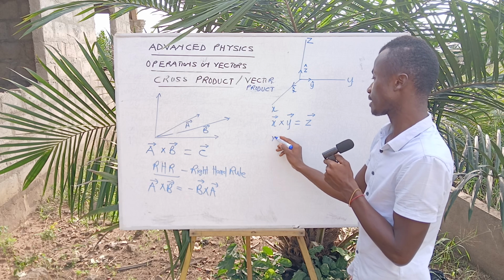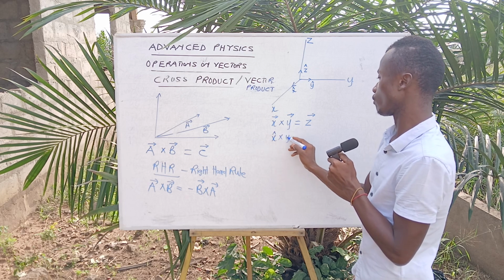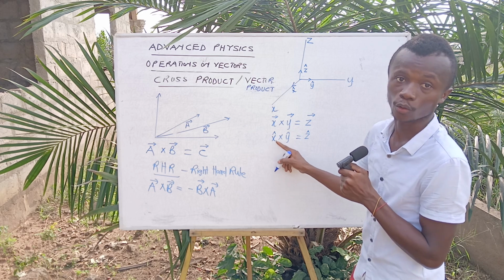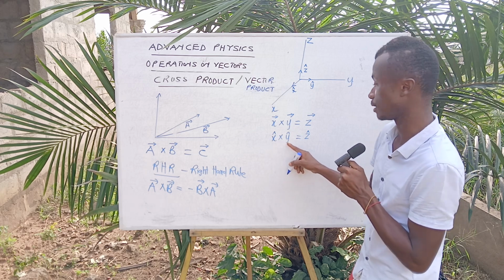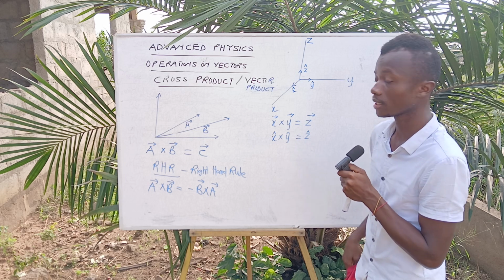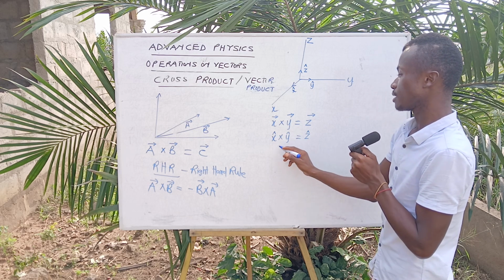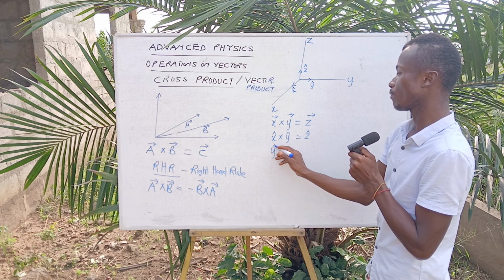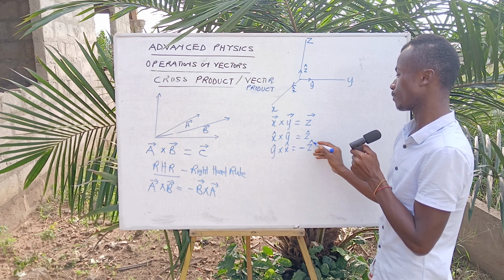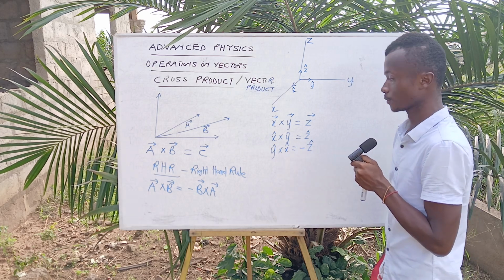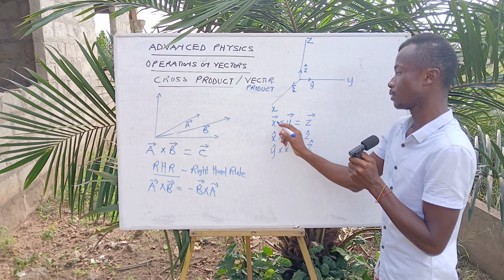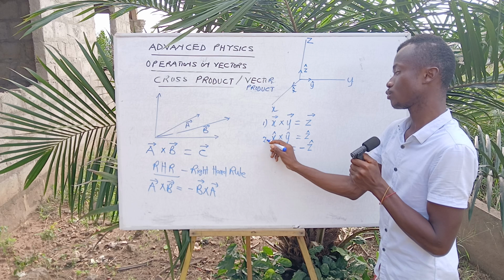So that means x roof cross y roof will give you z roof. A unit vector in the x direction cross with a unit vector in the y direction will give you a unit vector in the z direction. That is the first thing. So then it turns out that y roof cross x roof will give you negative z roof. Let's number them 1, 2, 3.